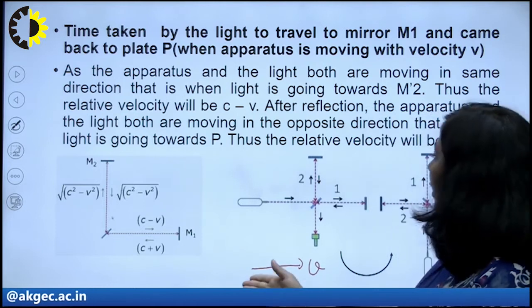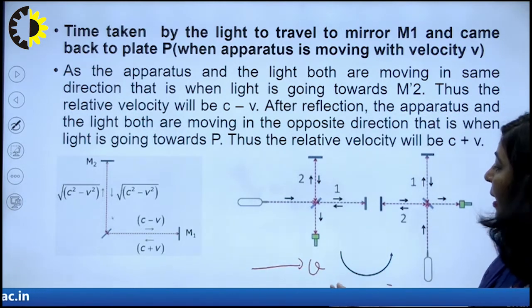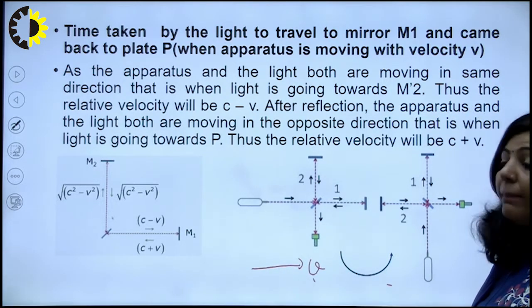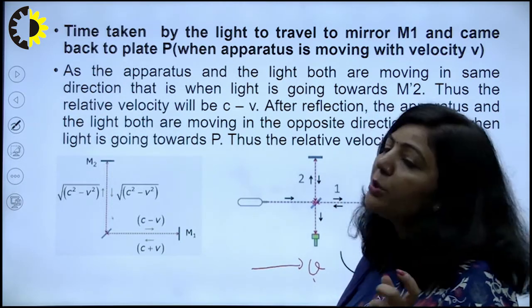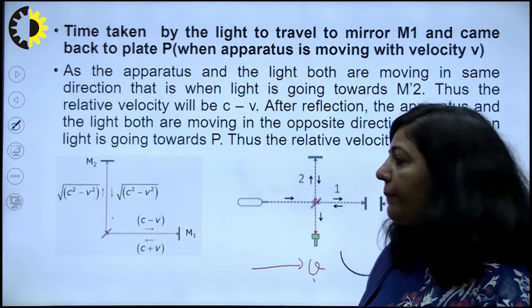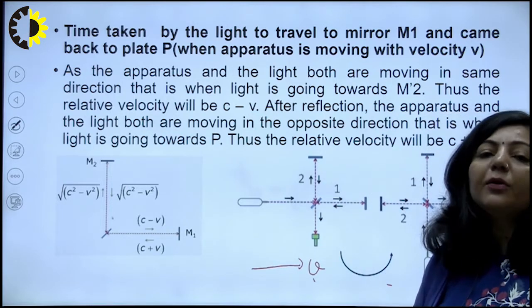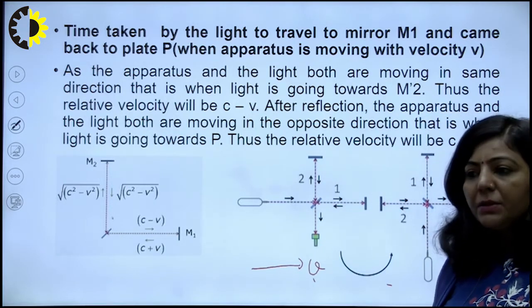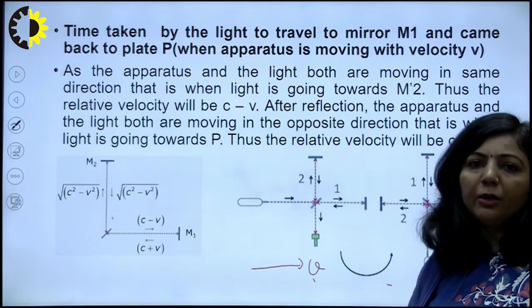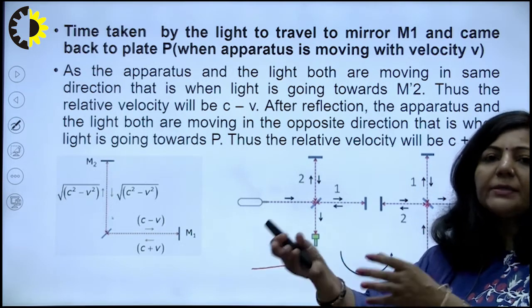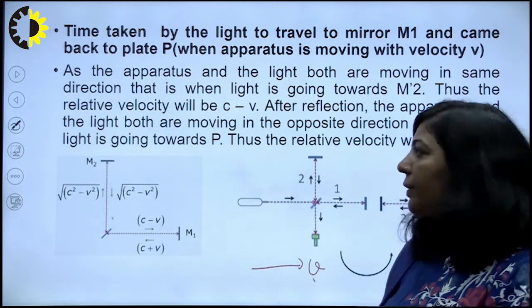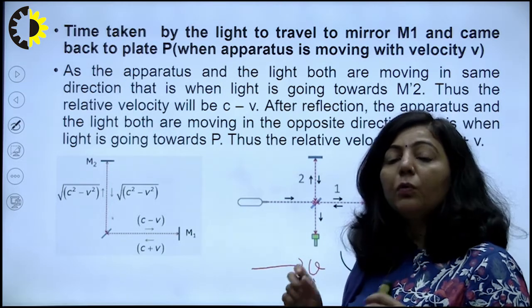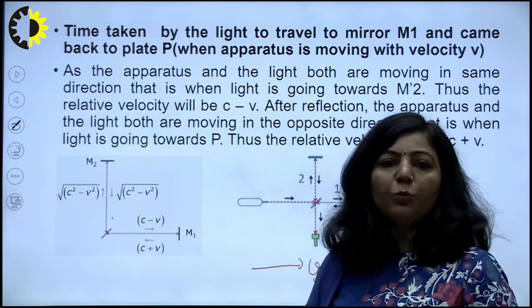Let the apparatus move along this direction with a constant velocity with respect to an observer sitting in the absolute frame. What is your absolute frame? Your ether frame. The observer is sitting in the ether frame, but the apparatus is at the surface of Earth, so for that observer the apparatus is moving.